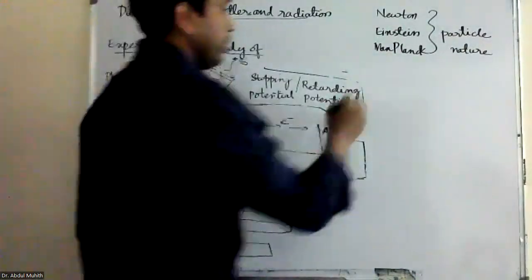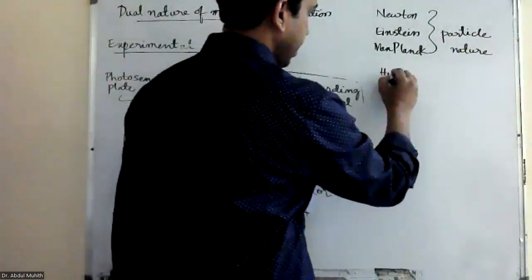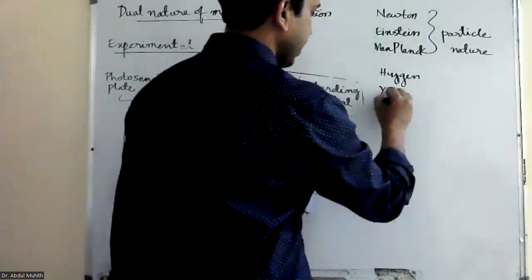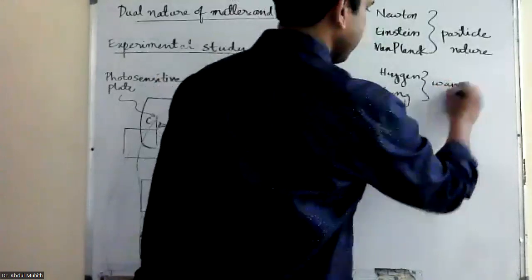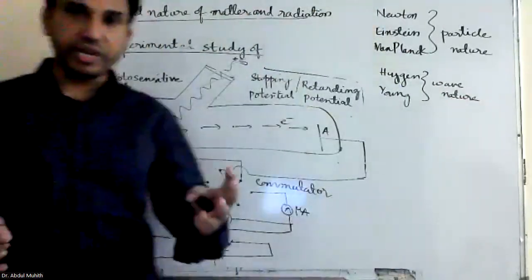Now the next group, like Huygens, Christian Huygens, and Young, and some more scientists supported the wave nature of light. They did it experimentally, it's not like they just told the theory.